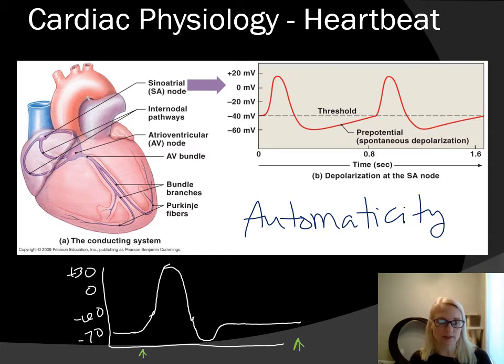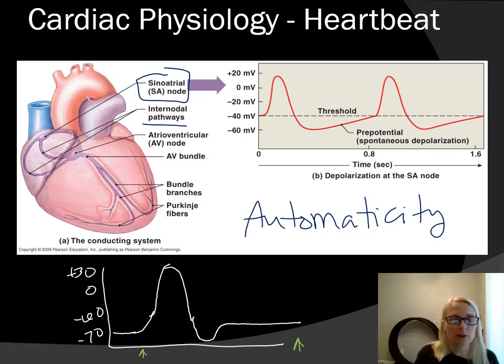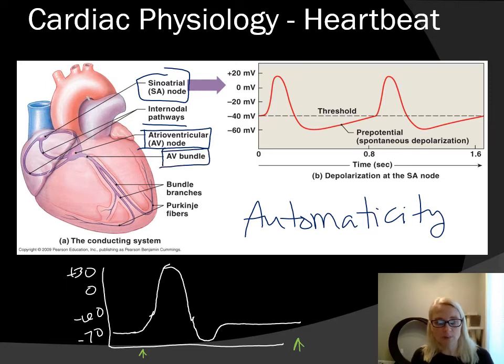So let's take a look at some of the other parts of what we call the intrinsic conduction system. The SA node starts a signal and communicates to the AV node via these internodal pathways, just little branches of these conducting cells. Then we have the next big piece called the AV node. The AV node goes into what's called the AV bundle, heading towards the atrioventricular septum. It splits into your left and right bundle branches.